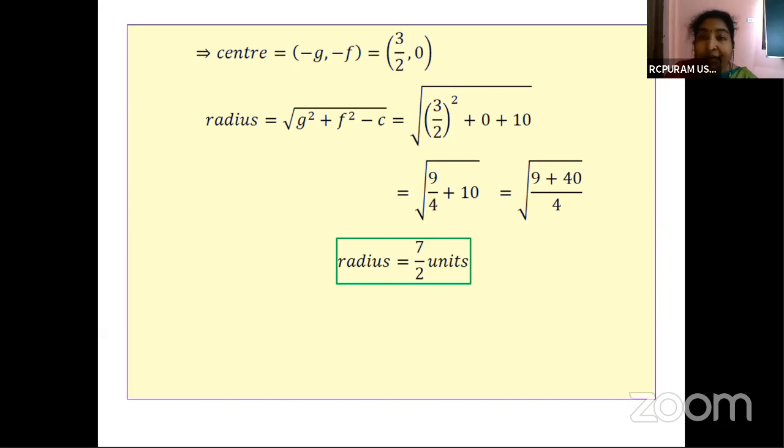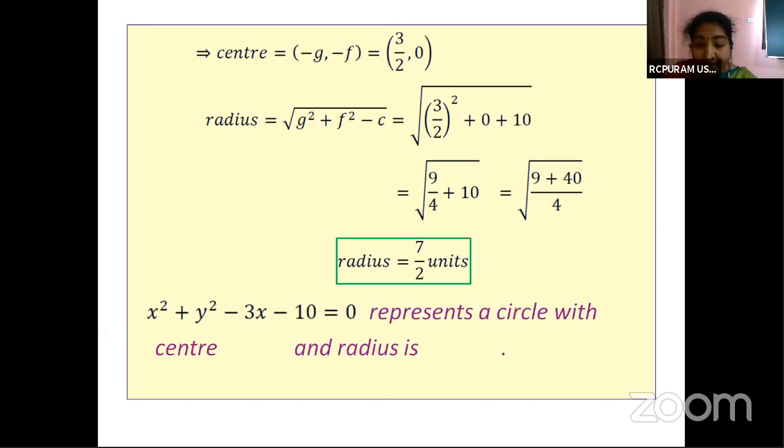So the given expression, which is in the form of a complex number, is representing a circle, x square plus y square minus 3x minus 10 equal to 0, right? With center 3 by 2 comma 0 and radius 7 by 2 units.